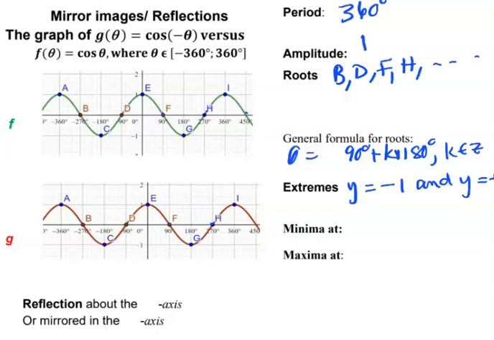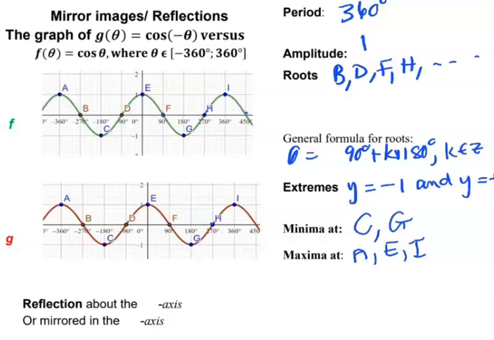But what is important here: the minima are at C and at G, and the maxima are at A and E and I. We have the same values, the same coordinates, except that it happens at a different stage.